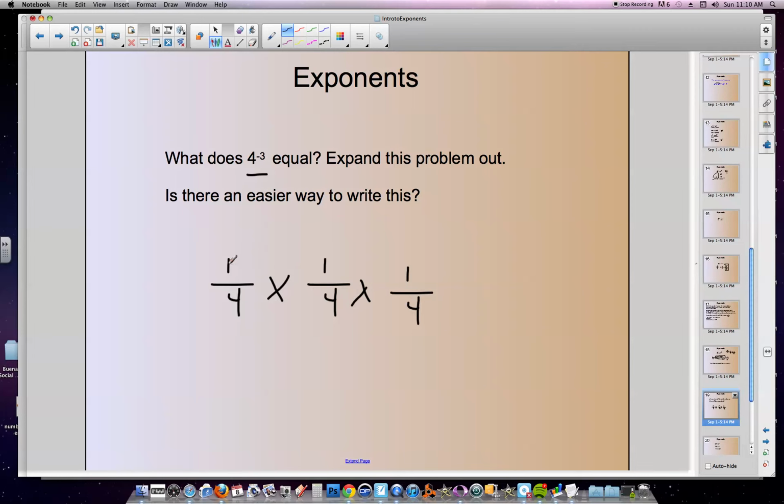Well, what does this equal? When we multiply fractions, we just multiply across, right? So what's 1 times 1 times 1? Well, that's 1. And then 4 times 4 times 4, well, hey, wait a minute. 4 times 4 times 4, that's 4 to the third. So I can simplify my understanding of negative exponents to say 4 to the negative third just means the inverse of 4 to the third, the opposite of it, 1 over 4 to the third.